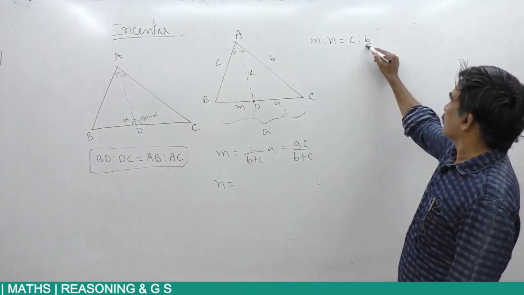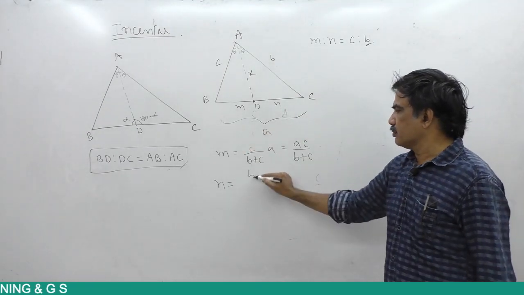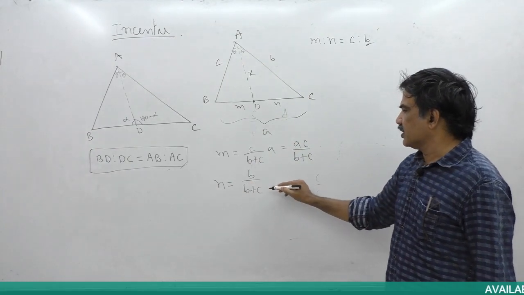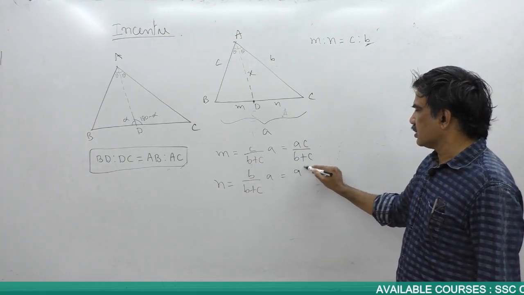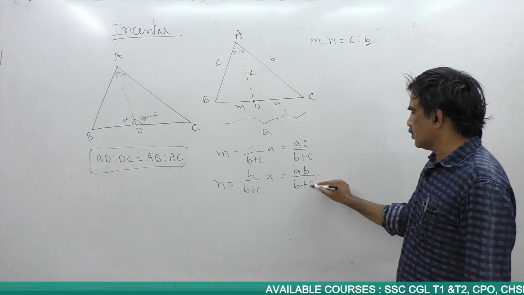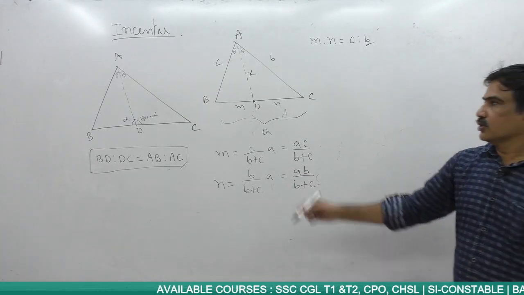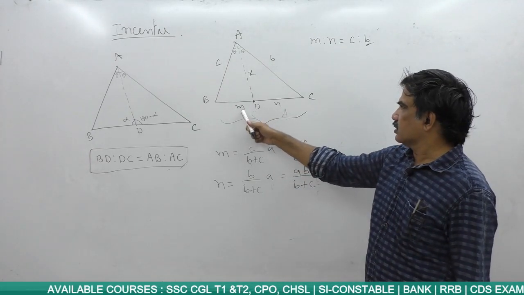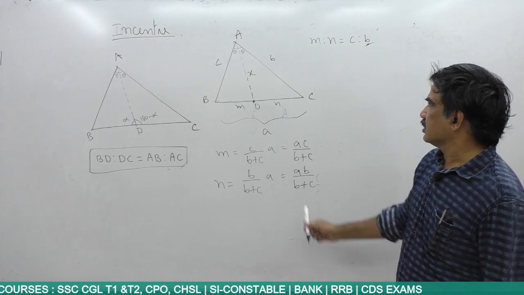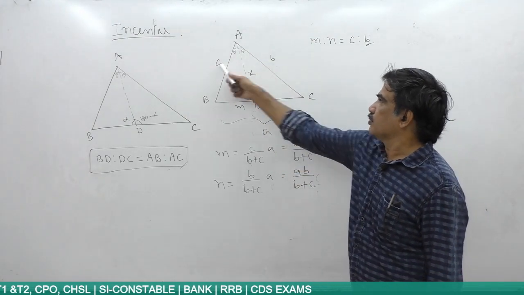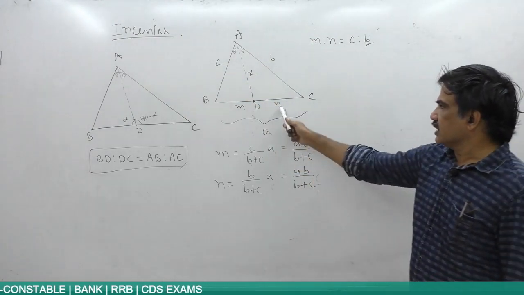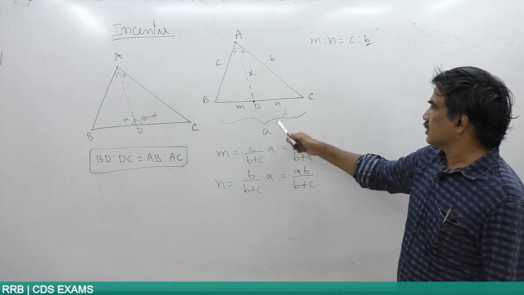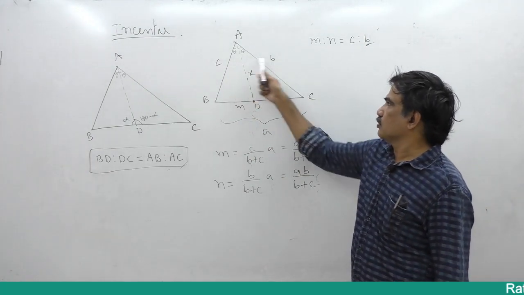This is nothing but b parts of the total a, b by b plus c of a, nothing but ab by b plus c. So M is nothing but ac by b plus c, and N is nothing but ab by b plus c.